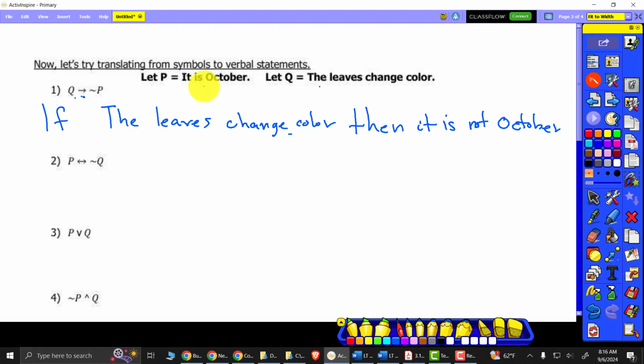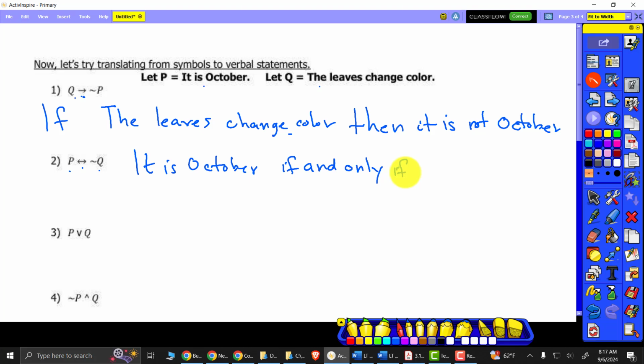So this is P biconditional not Q. Okay, so starting with P, how do we write this one? P, it is October. It should be a capital letter. Biconditional, if and only if.